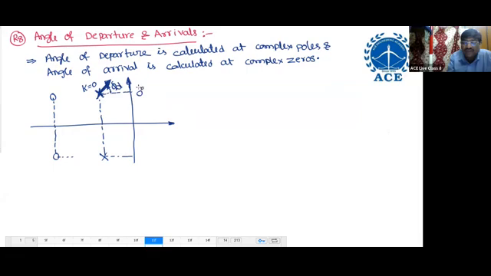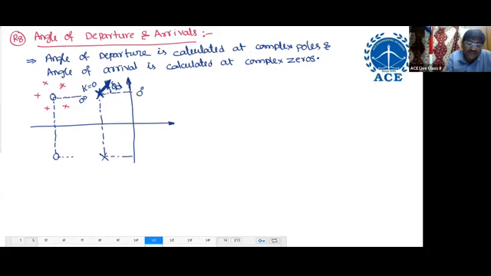Now the angle of arrival: the pole should come in some direction and occupy the zero.